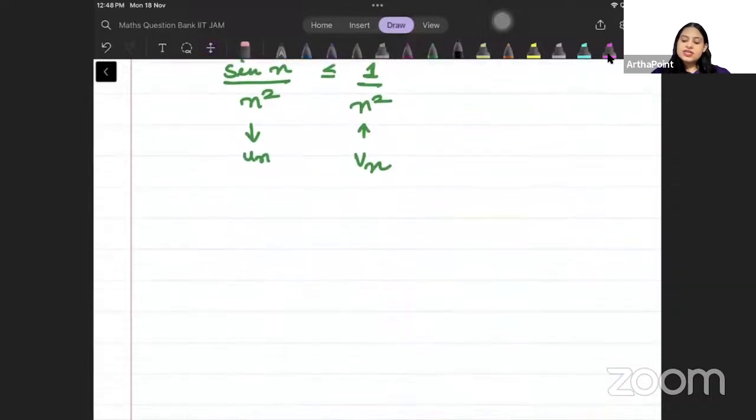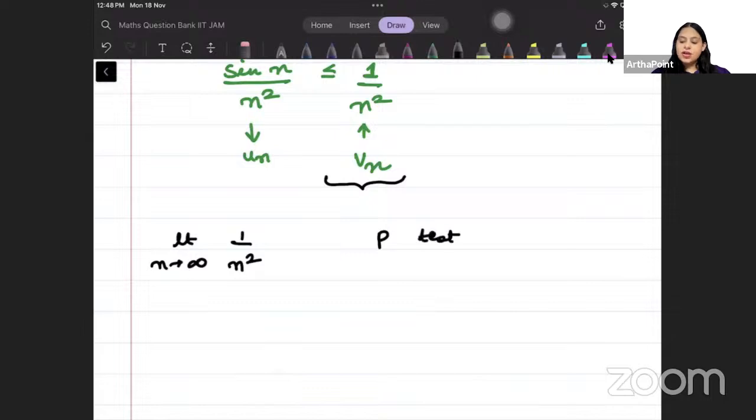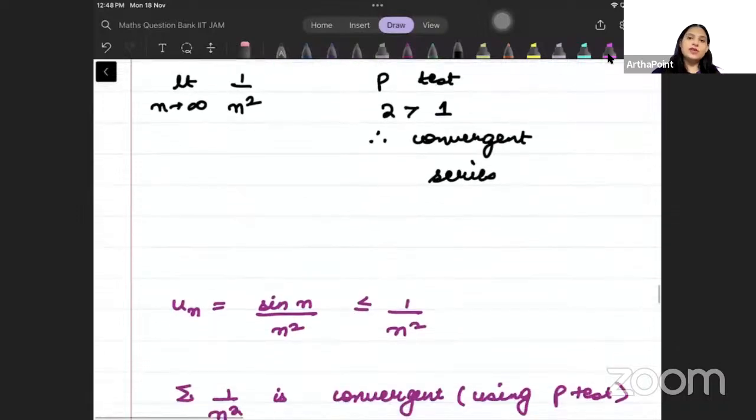Now we need to understand how this Vn is acting. If I take the limit as n tends to infinity of 1 by n square, using the p test, the power is greater than 1. Therefore, it is going to be a convergent series.